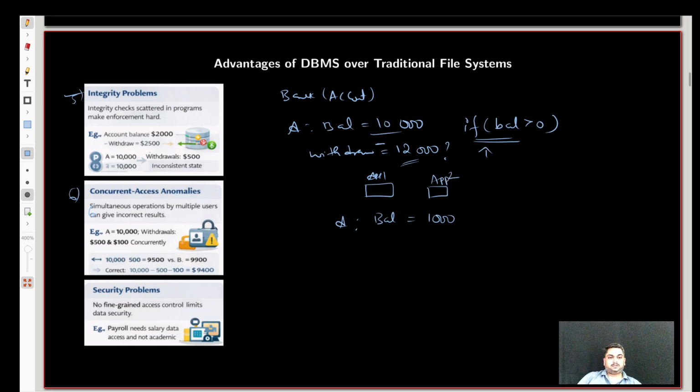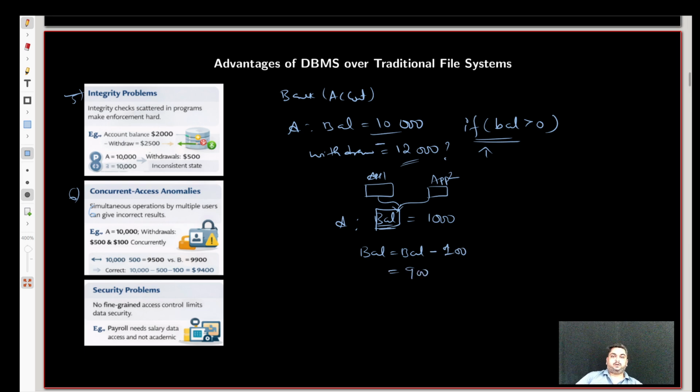Concurrency means both application programs are trying to access this balance, this shared variable, at the same time. Suppose app 1 deducts 100 rupees, so it becomes 900.